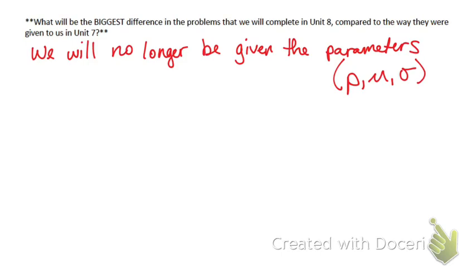So how are you supposed to use the formulas that we just wrote down when you're not given the data in the problem anymore? Very carefully. That's what we are going to figure out in this unit. Because in the real world, you don't know the true value of the population. So, you're no longer going to get that anymore.